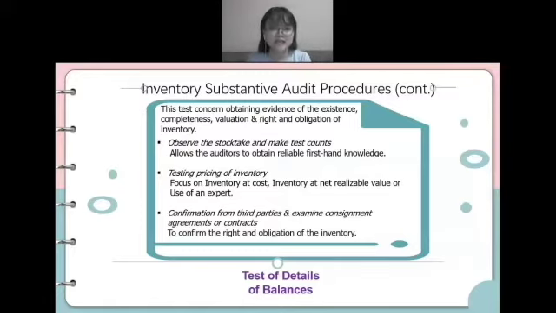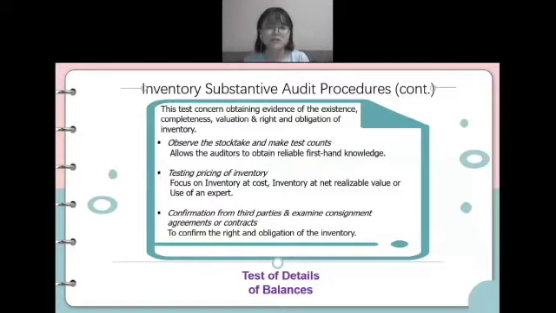Next is testing pricing of inventory. There are different methods of pricing. For example, if the client uses the pricing at cost method, such as FIFO or weighted average method, then the client needs to use the method consistently.